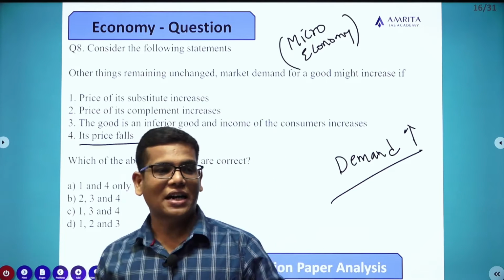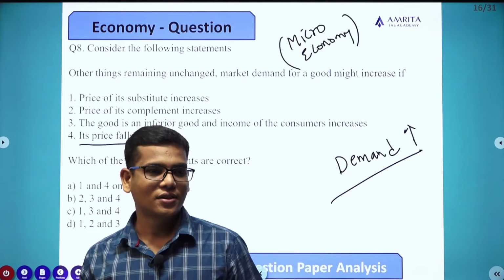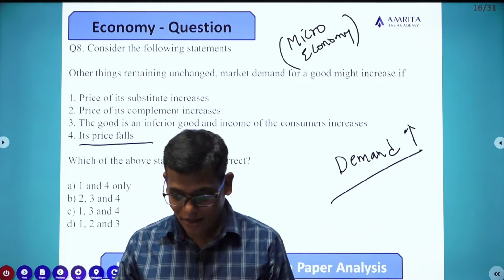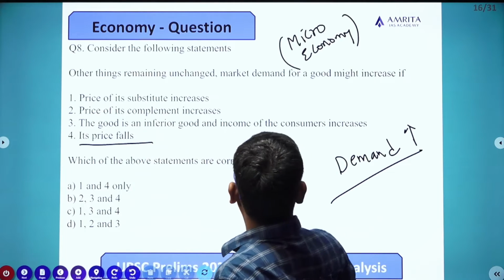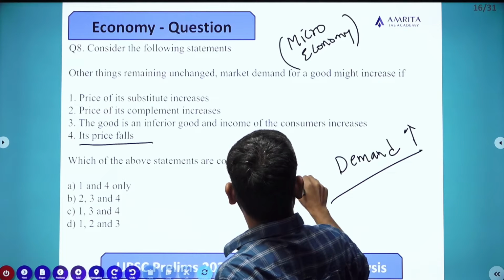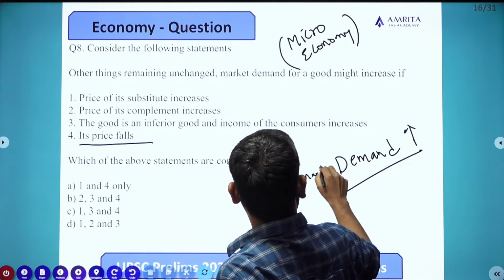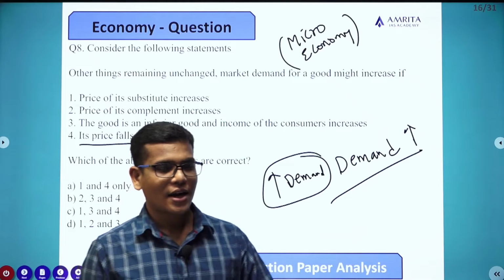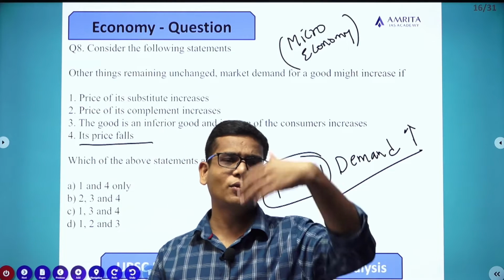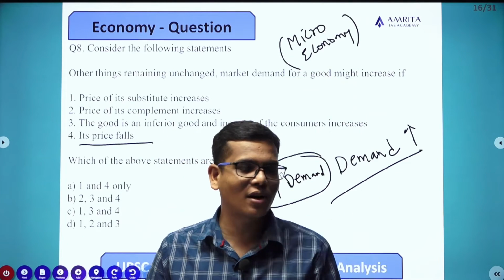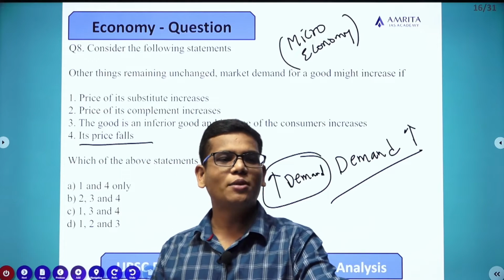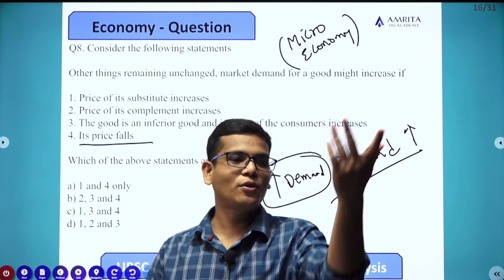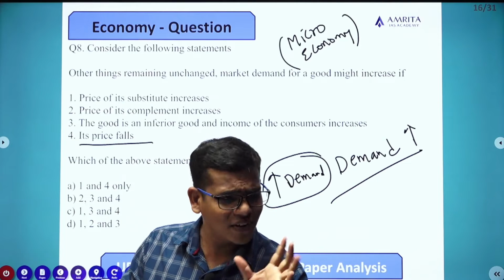If the price of a commodity falls, normally the demand increases. This is the law of demand. If the price of a particular product is so high, people may not be interested to purchase it. But if suddenly the price comes down, then people will try to purchase it, for a normal good.